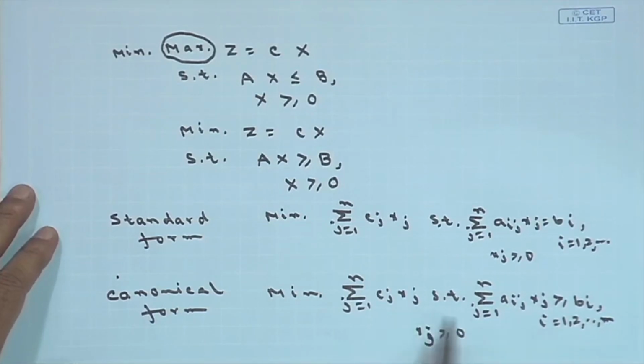So, in general canonical form, whenever I formulate the problem, the constraint may be equality or inequality, greater than equals or less than equals, depending on whether I am minimizing or maximizing. But whenever I try to find the solution, I have to convert the inequality into equality, and then find the solutions.